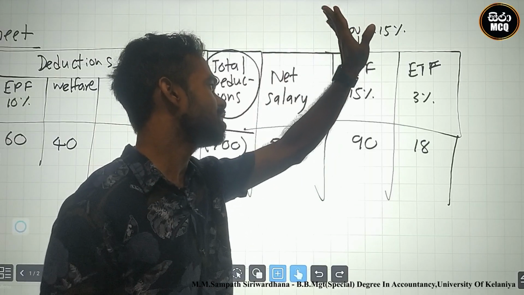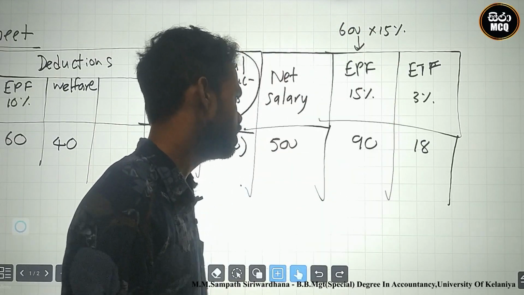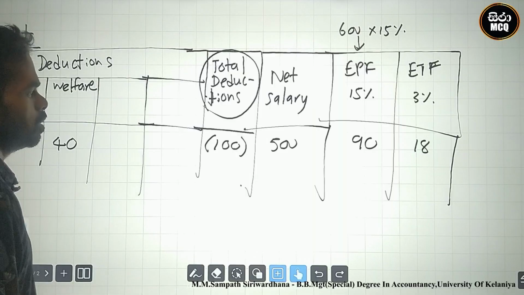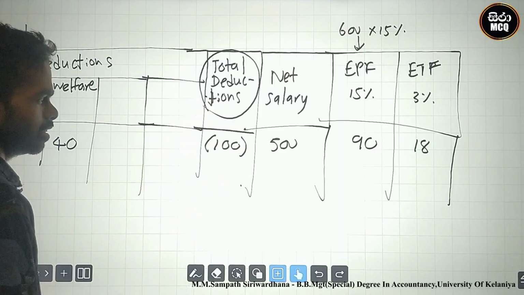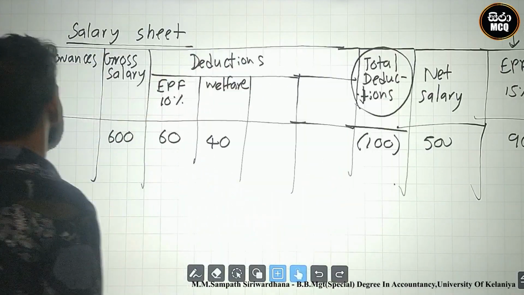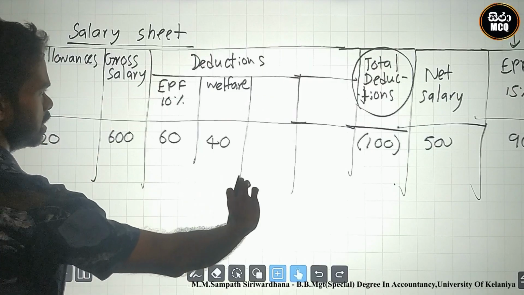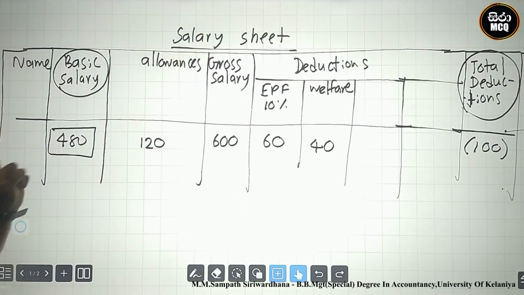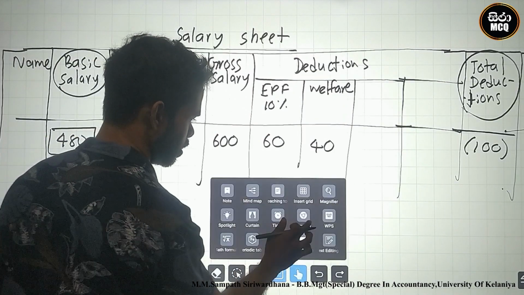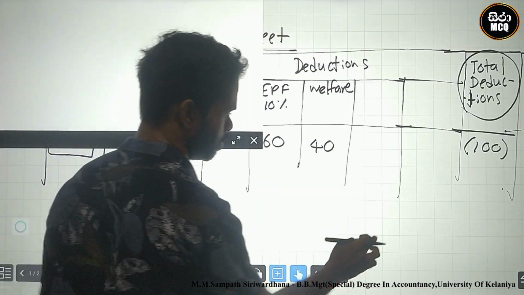Based on 600 we can identify the following information. What's the requirement? Total deduction is 100. Basic salary is 480. Okay, these are the answers we can identify.